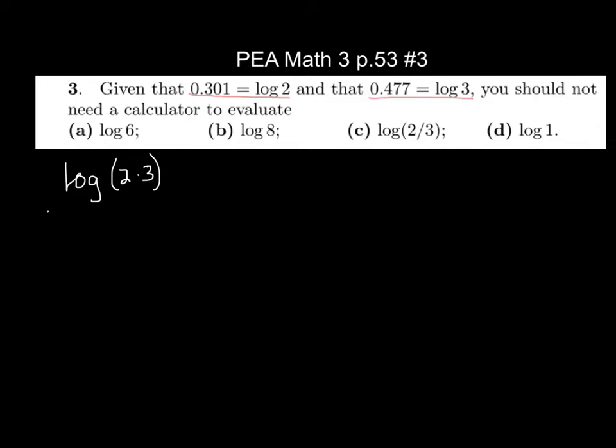So I can go log 2 plus log 3. I have values for those already up here. So I can go 0.301 plus 0.477. That would be 0.778.